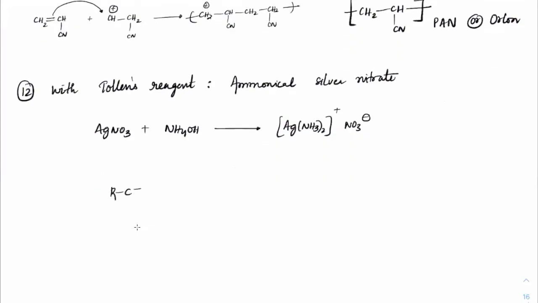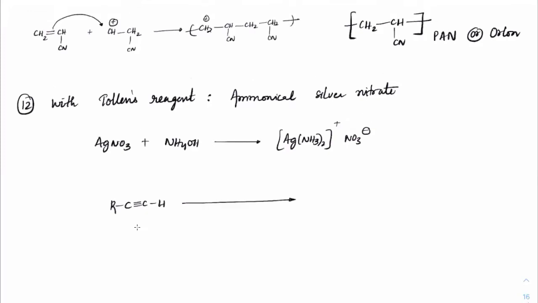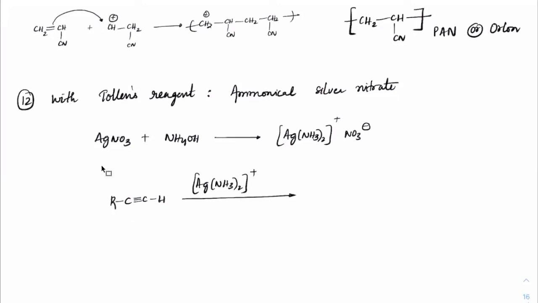If we have RC triple bond CH, a terminal alkyne, and you treat that with Ag(NH3)2 plus, we will get RC triple bond C minus Ag plus. A precipitate is formed here. This is actually white in color. A white precipitate is formed.